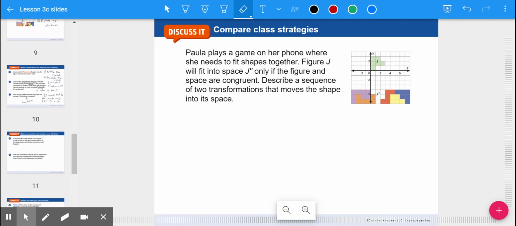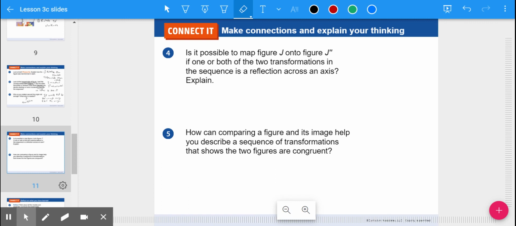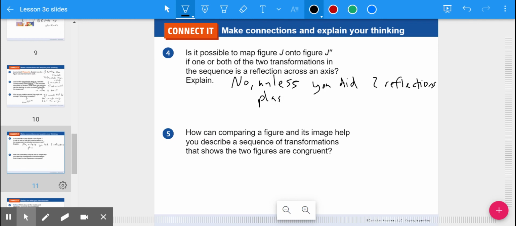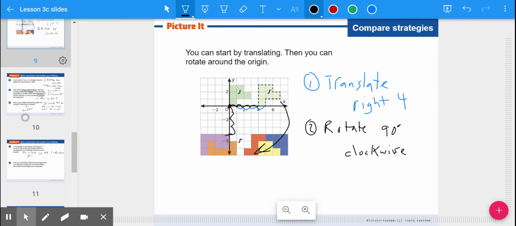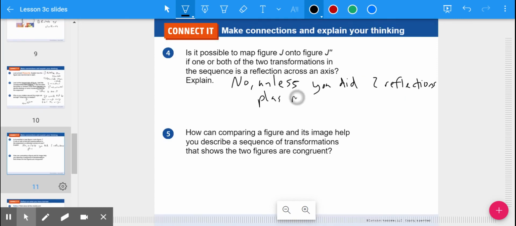So really, it would be no, unless you did two reflections, a reflection that way and a reflection that way, plus more transformation.